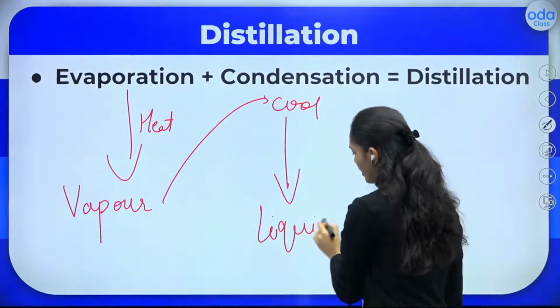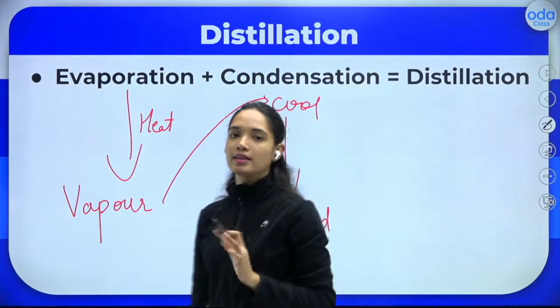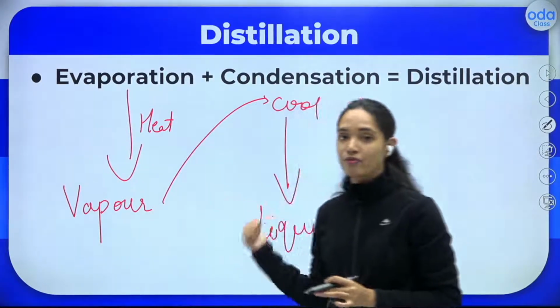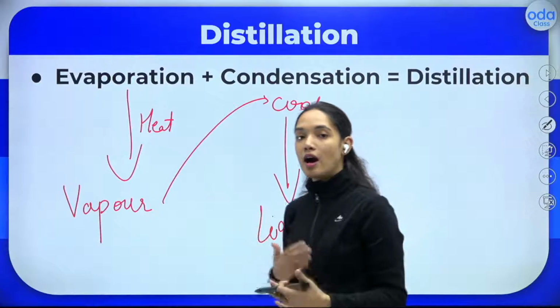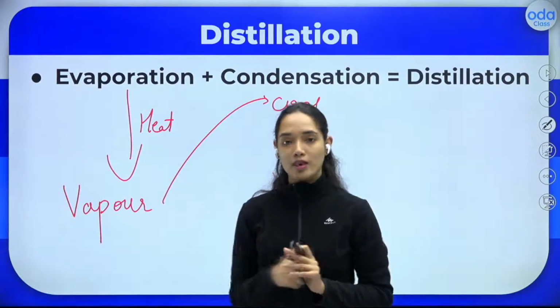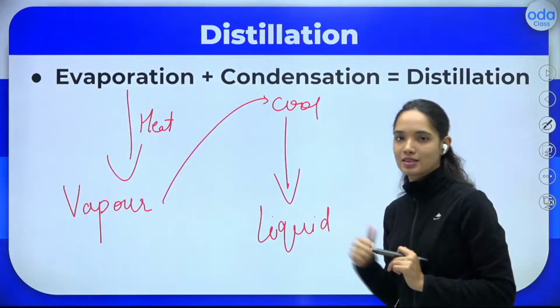That is your condensation. So this is the whole process that is happening in distillation. It's very, very important for all of us to understand it first. Then we will learn how we can purify water through distillation. So evaporation plus condensation will give you distillation.